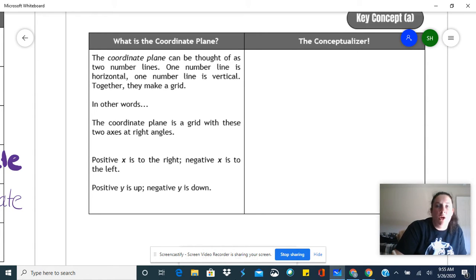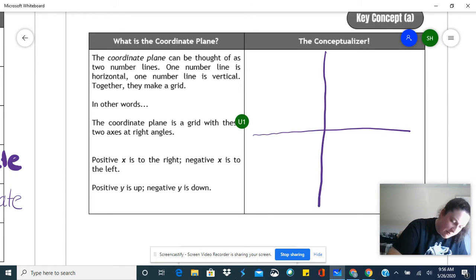So how do you locate x equals 3 on a number line? Well, you start at 0 and you're going to count 3 over. You can locate y equals 5 on a number line by starting at 0 and counting 5 up. So here's my coordinate plane, right? We have x equals 3 and y equals 5.